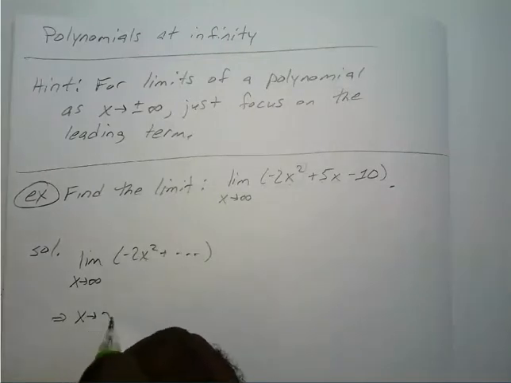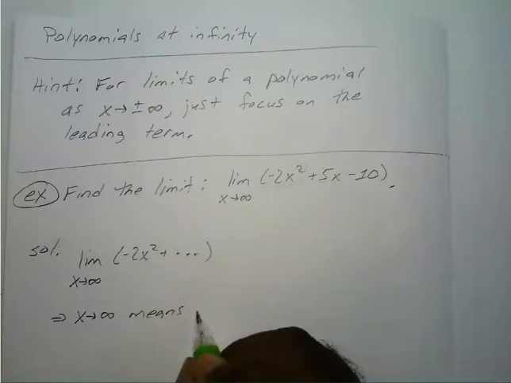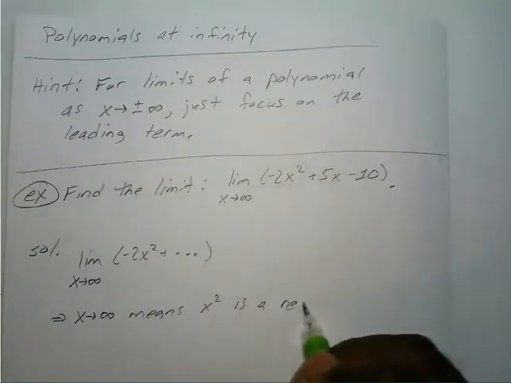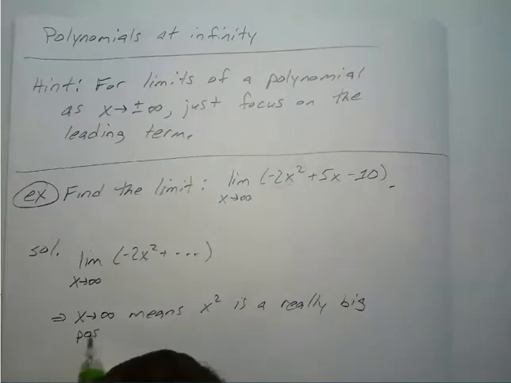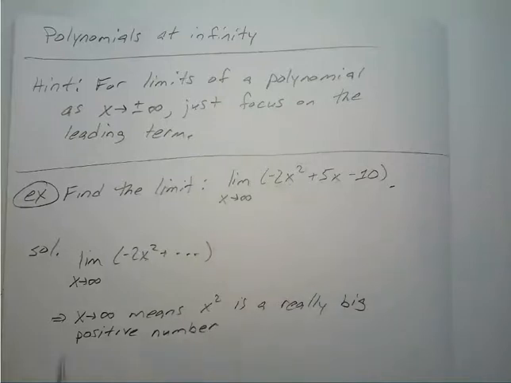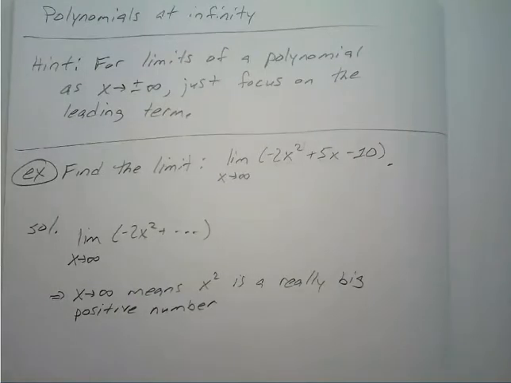X approaches infinity just means that x squared is a really big positive number. Okay, so x is just getting bigger and bigger and bigger, so x squared is just a really big positive number.